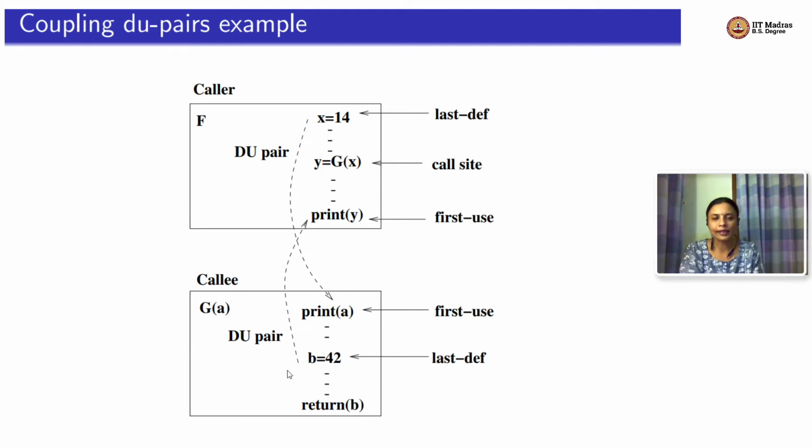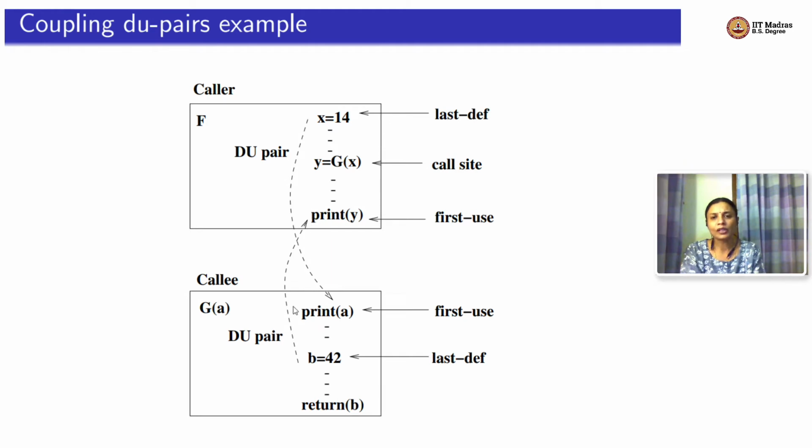So in this example, F is the caller, G is the callee, and parameter x is coupled with A. G does some code, G returns B, which gets assigned to y at the call site, and after that, it's printed.